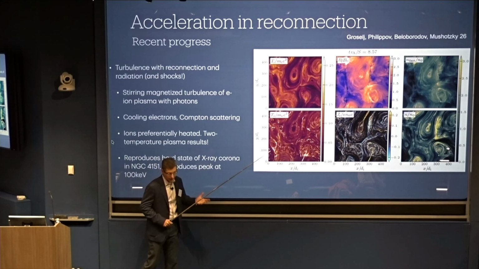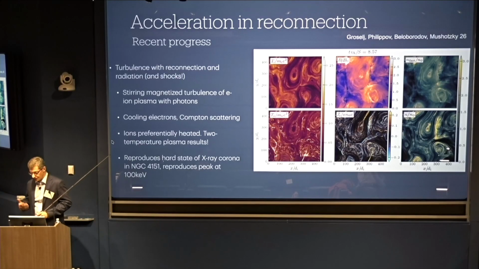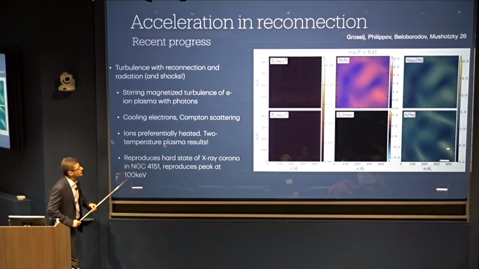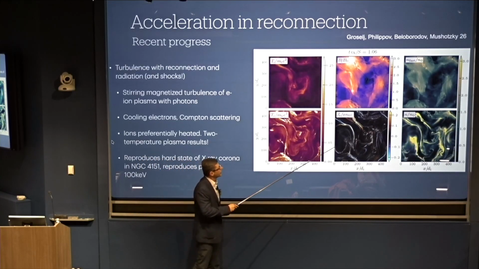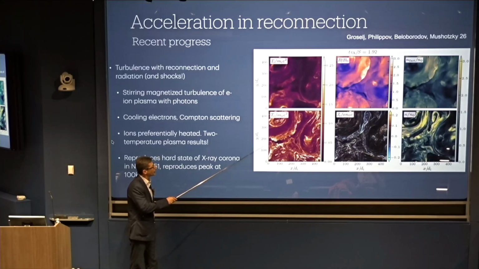And what they found is that immediately the system relaxed to a two-temperature state, which is something we expect to see in accretion disks at low accretion rates. This is the simulation showing the temperature, magnetic field, and the existence of fast waves and the currents and temperature.